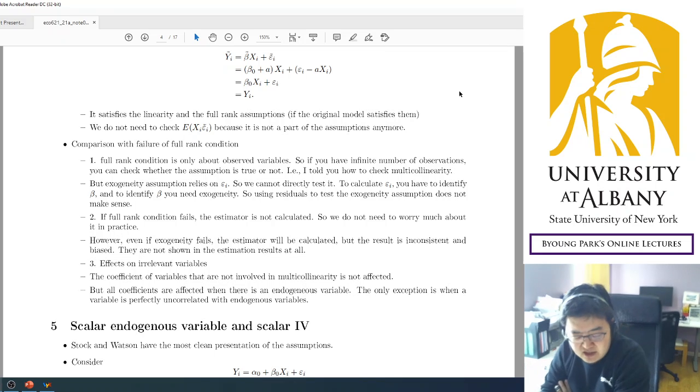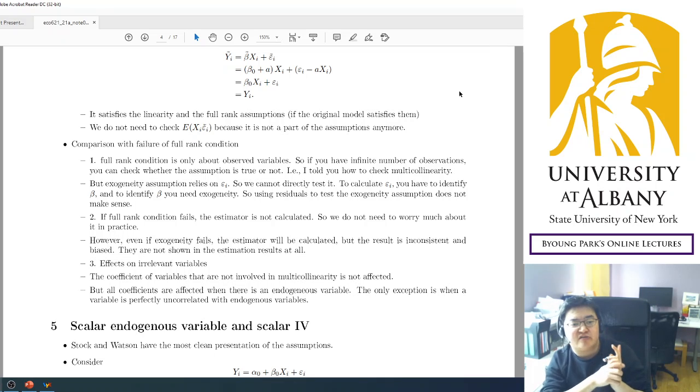So far we learned two types of identification failures in the linear regression model. One was multicollinearity, and the other was the endogeneity problem. Let me compare how they differ. First, the multicollinearity problem is easier to handle, because it is easier to detect, because multicollinearity is about x1 and x2.